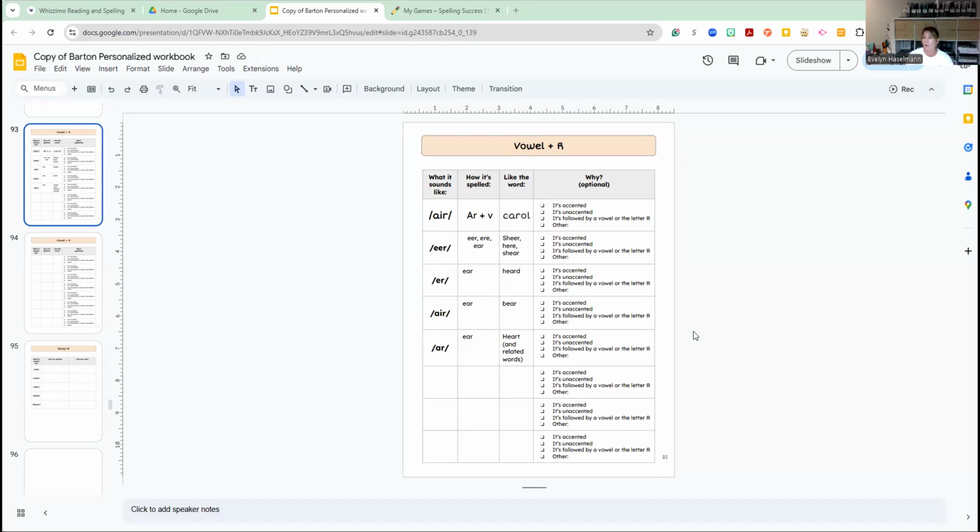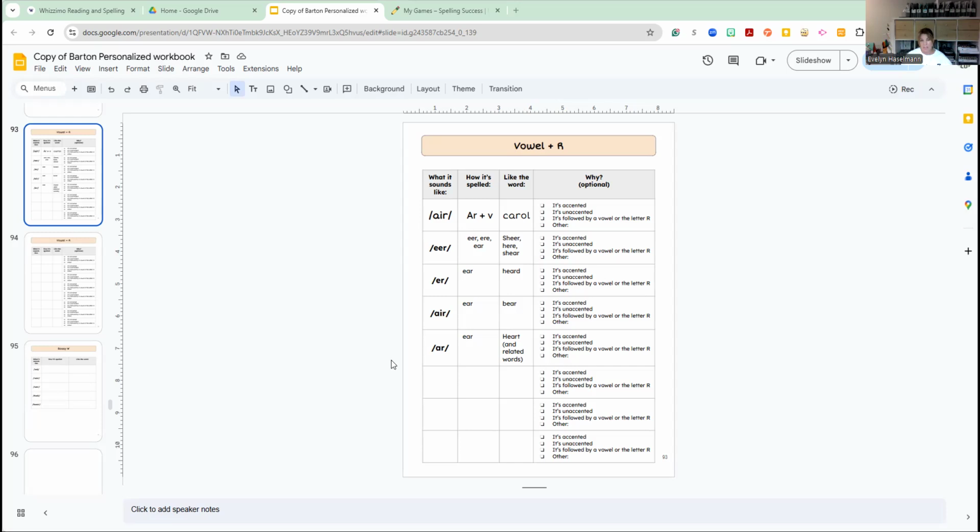Like you've already categorized ER before as a sound, you could add it there too. So this is probably where I would house this on the vowel R page. Again, pretty convoluted. You're bouncing back and forth between both reading and spelling and homonyms.